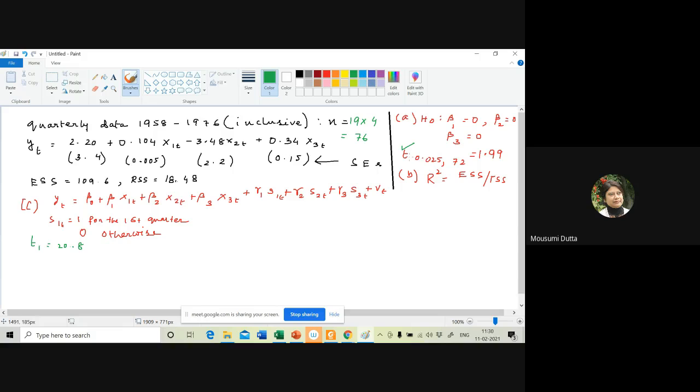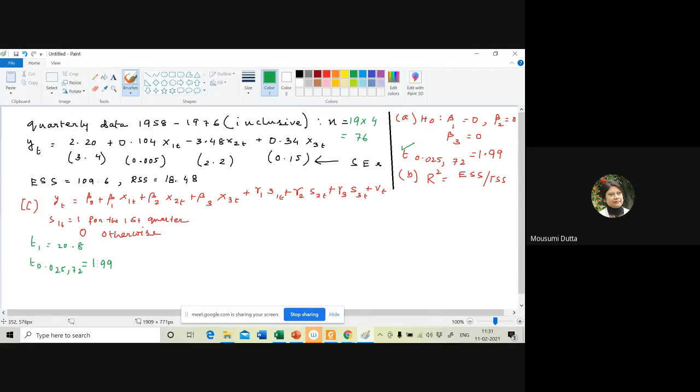So 76 minus 4, that is 72, will be the degrees of freedom.